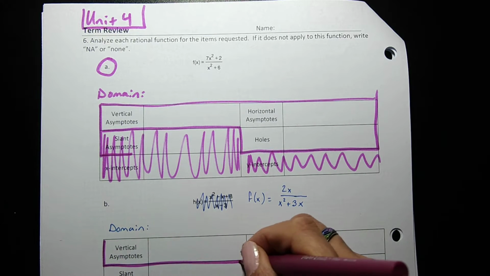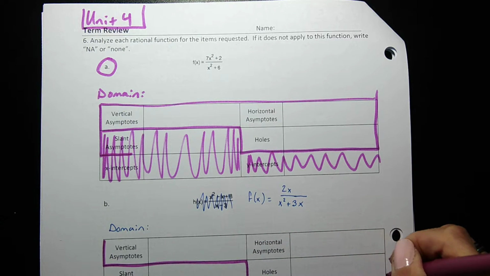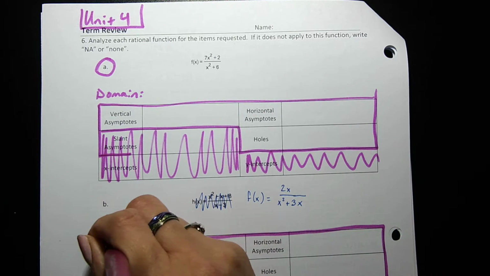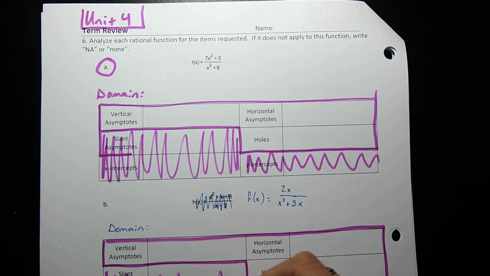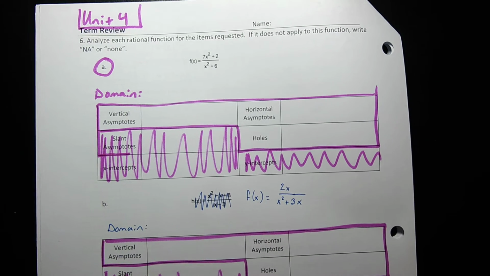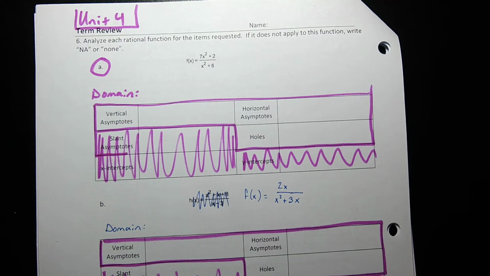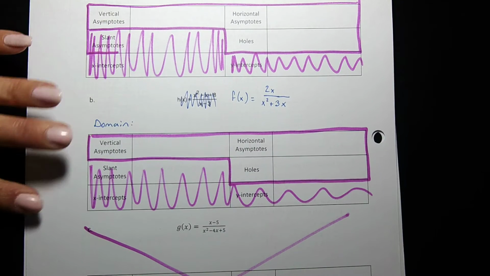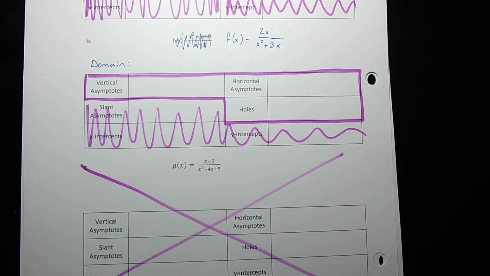Same 3 boxes. And then problem C, you can skip entirely. Problem 3, out. Everybody good on that page?